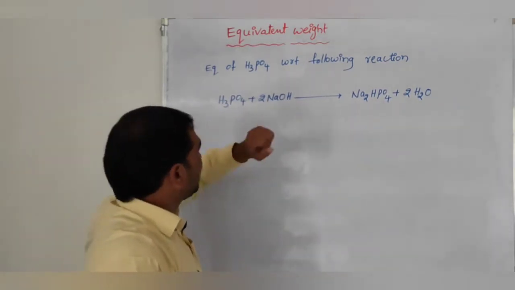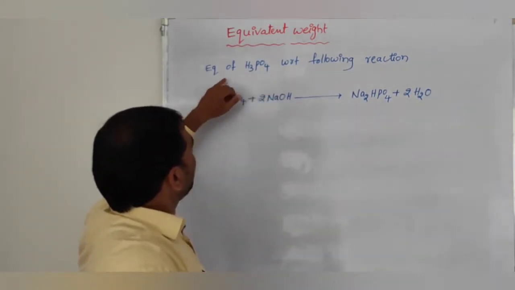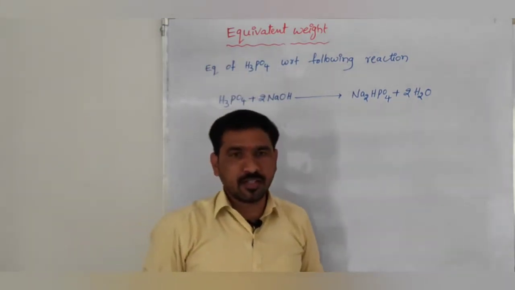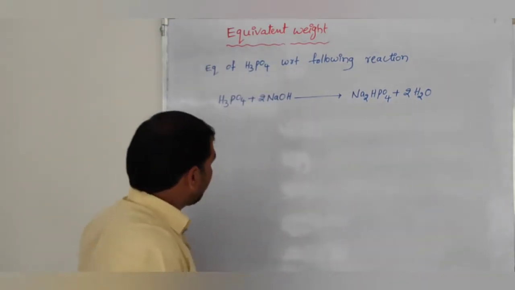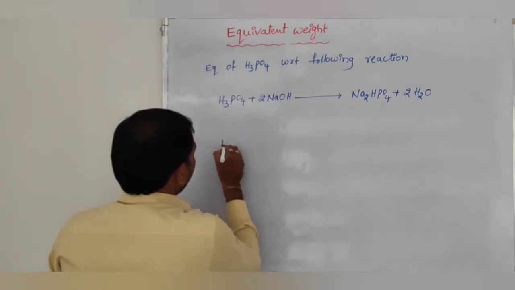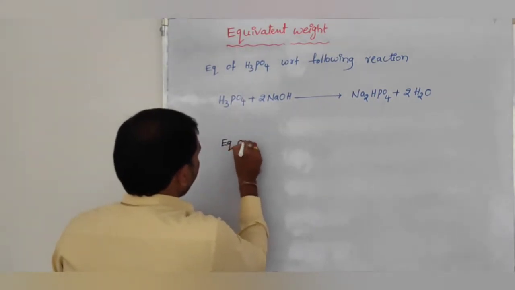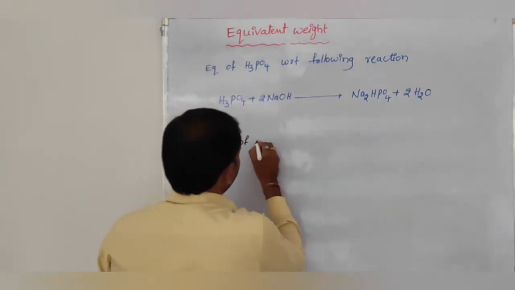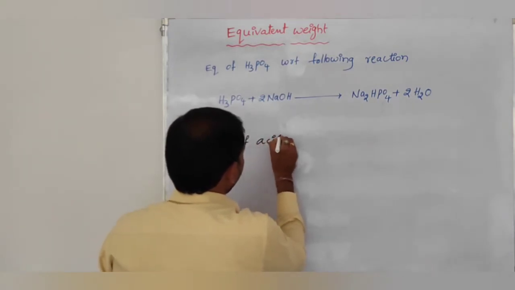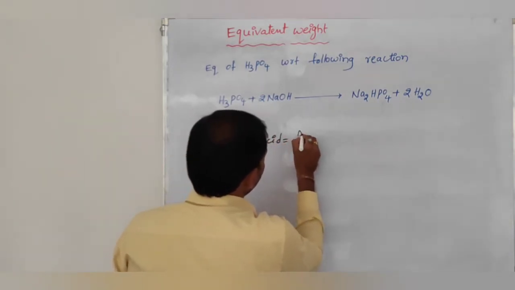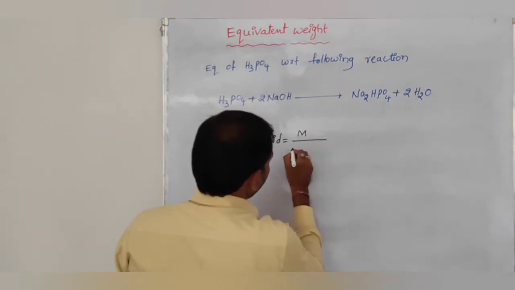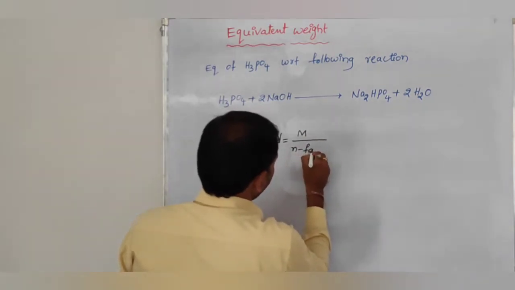With respect to this reaction, the equivalent weight of H3PO4 is asked here. Then as I told you, beta, the equivalent weight of an acid is equal to the molecular weight of the acid divided by the n factor.